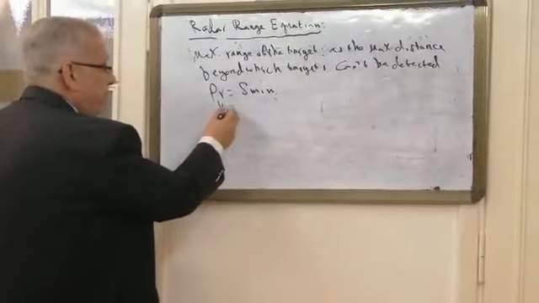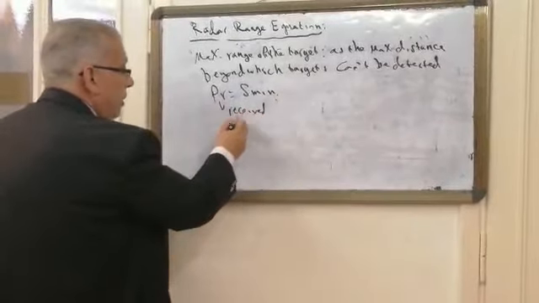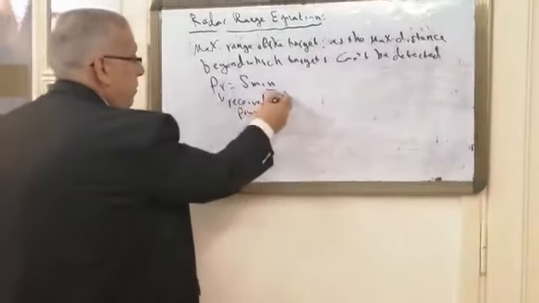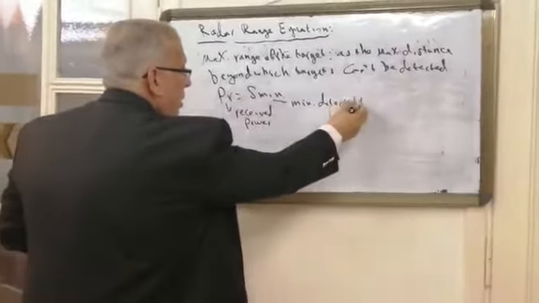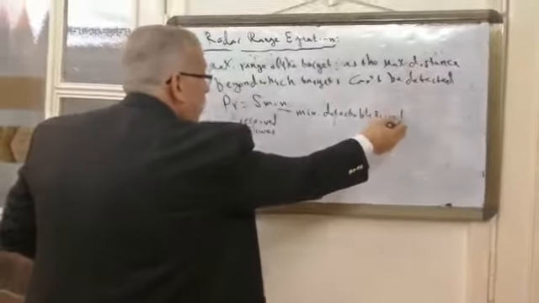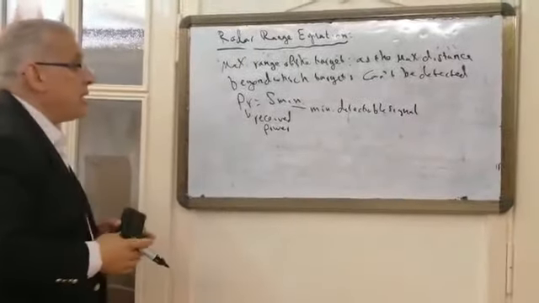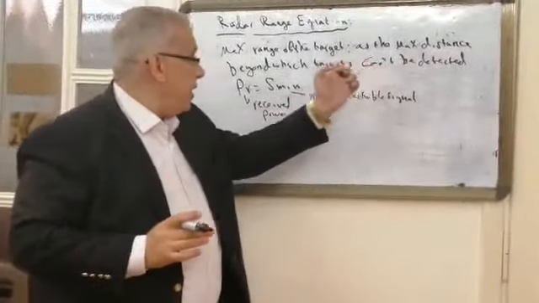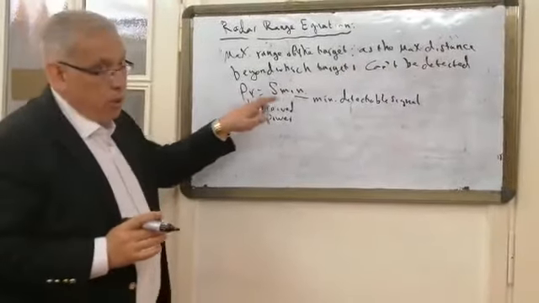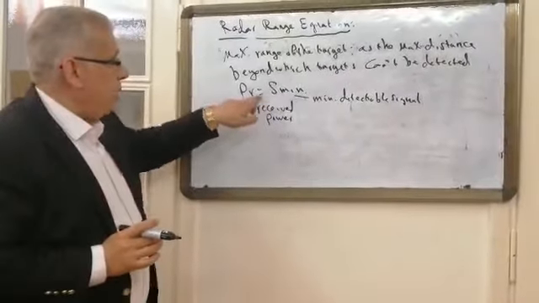This is the received power at the radar. This is the minimum detectable signal. So the maximum range of a radar is the distance beyond which the target cannot be detected or is not expected. It occurs when the received power equals the minimum detectable signal, PR equals S minimum.